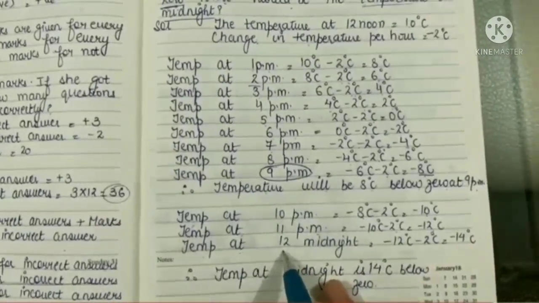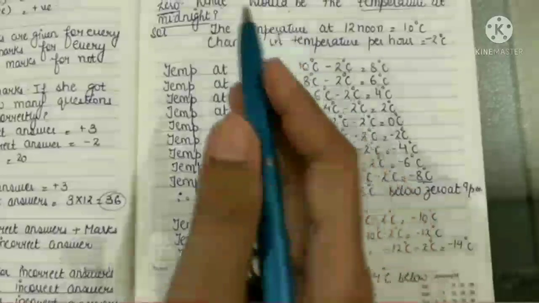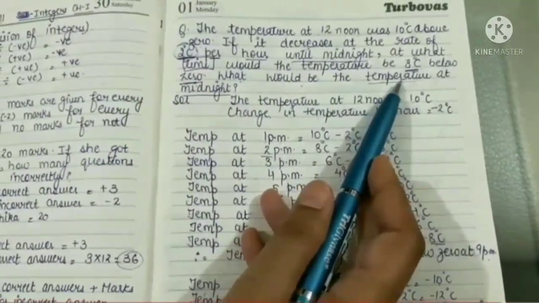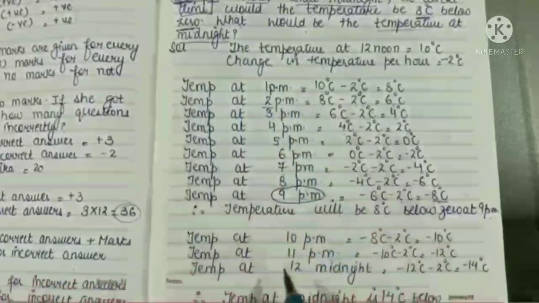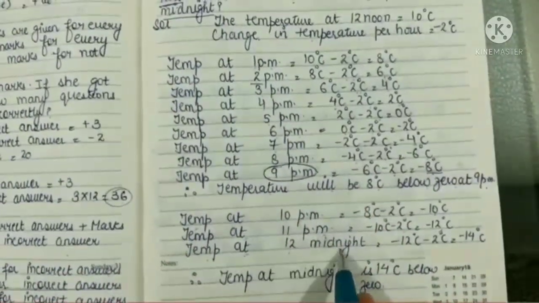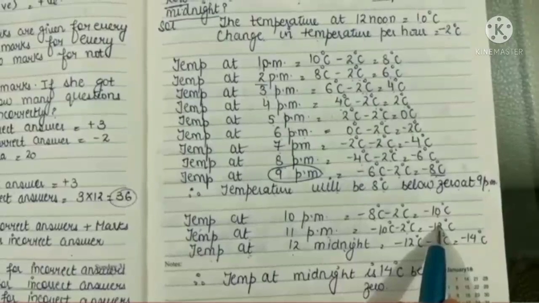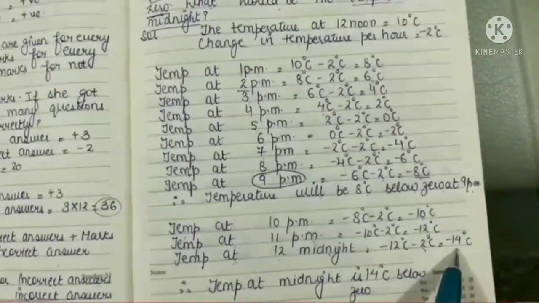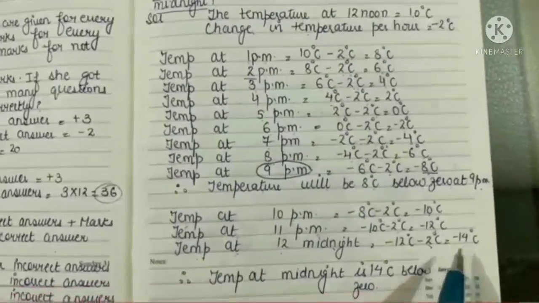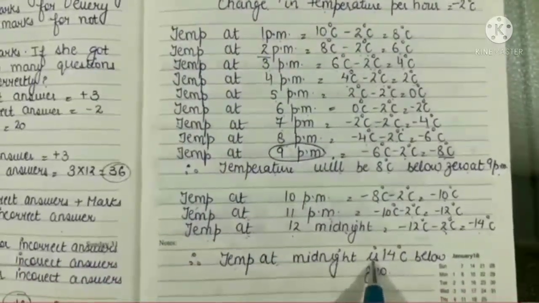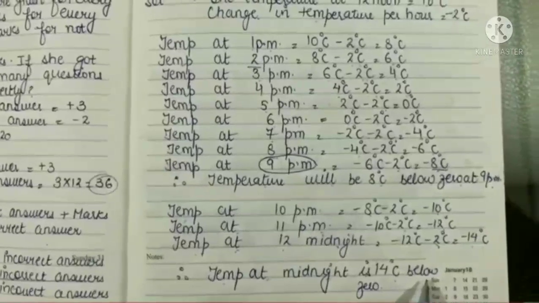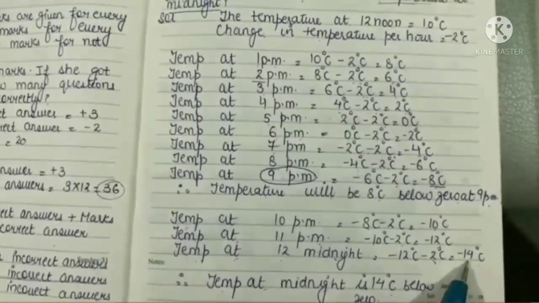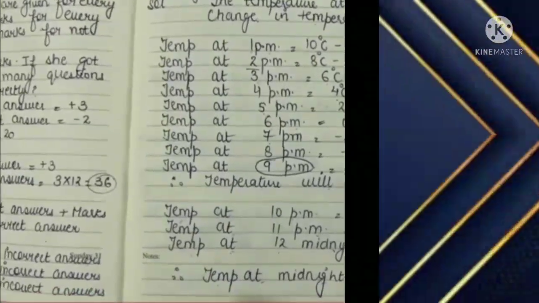Now the question asks for the temperature at 12 midnight. It was minus 12 at 11 p.m., so it decreases by 2 again and we get minus 14 degrees Celsius. So the temperature at midnight is 14 degrees Celsius below 0. Why below 0? Because it comes out to be minus 14 degrees Celsius.